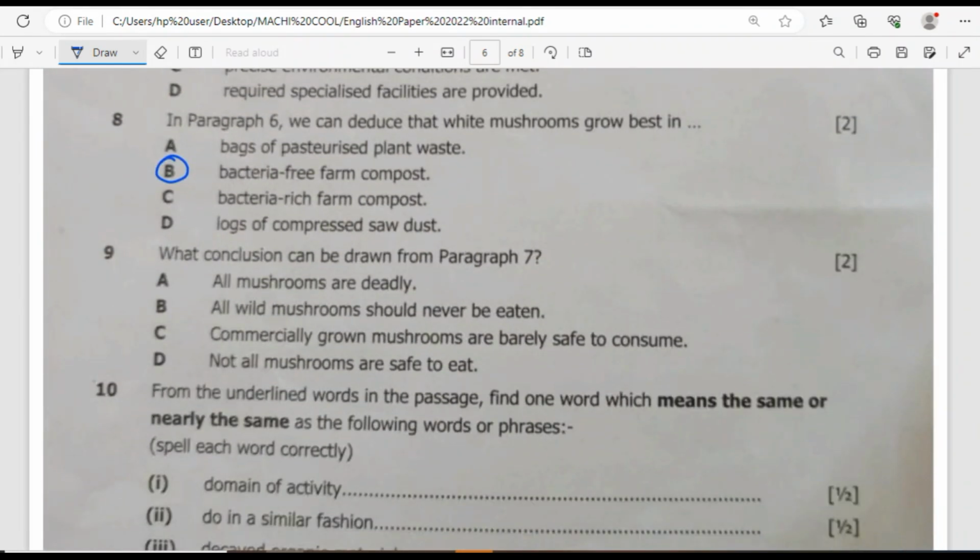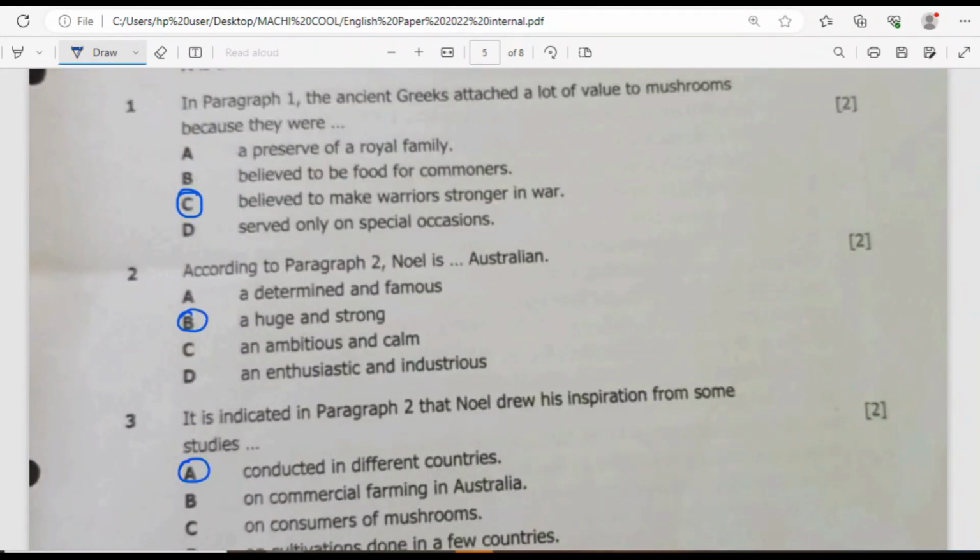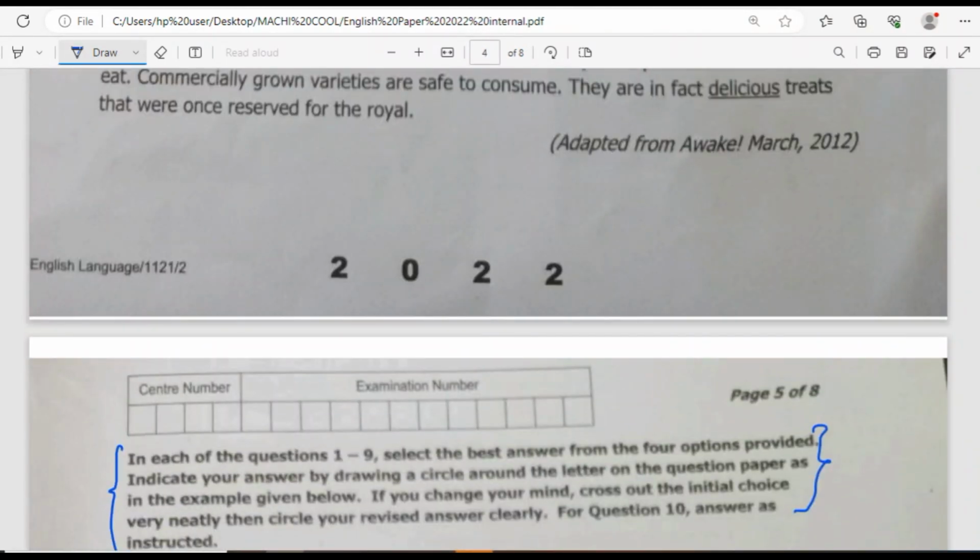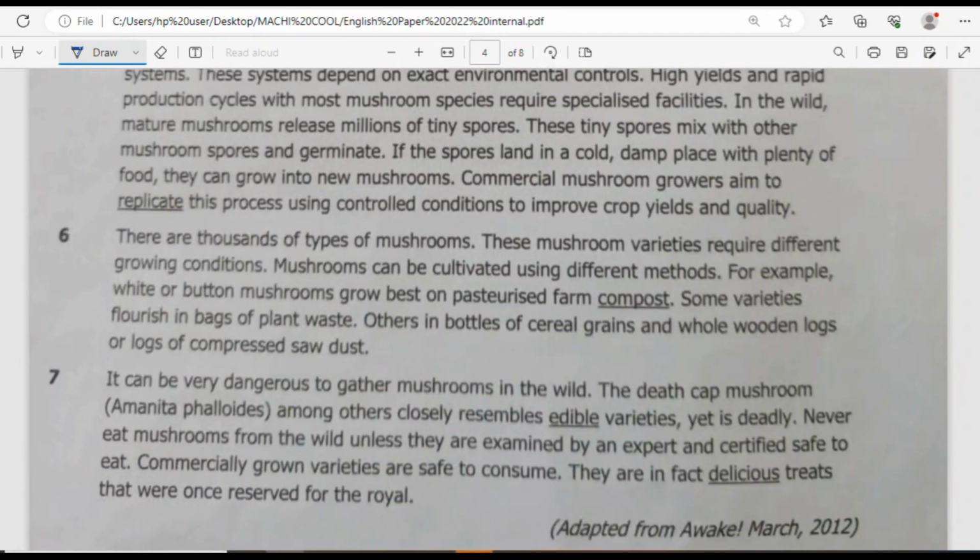Okay, so we can move to question 9. What conclusion can be drawn from paragraph 7? Okay, let us go to paragraph 7. It can be very dangerous to gather mushrooms in the wild.